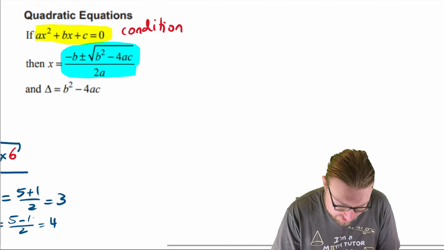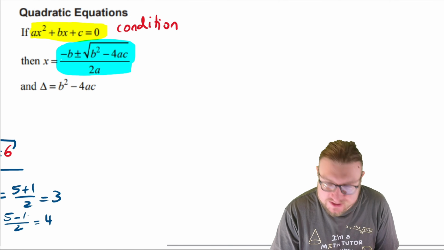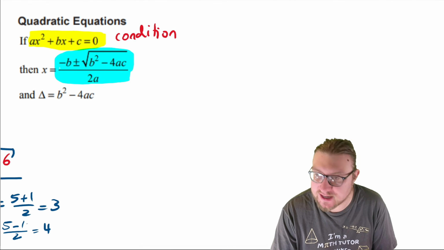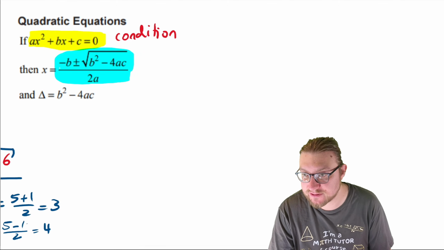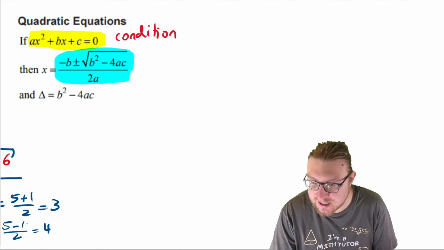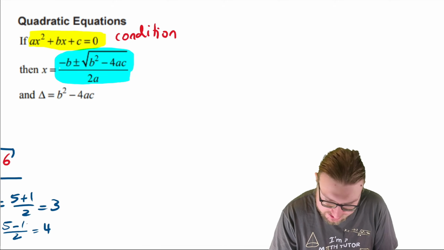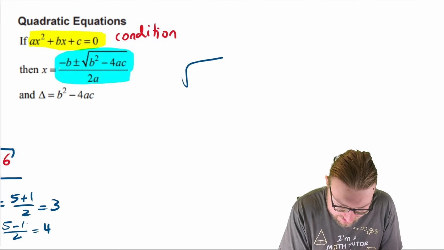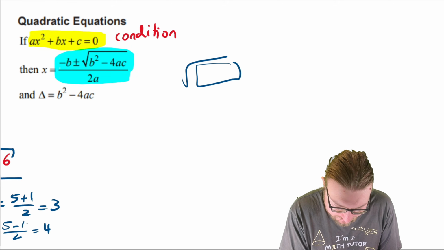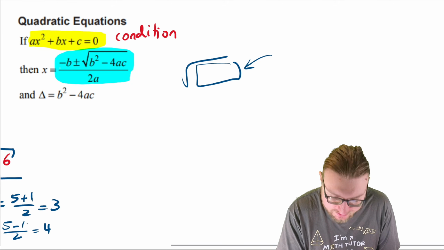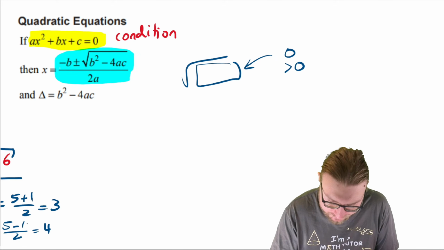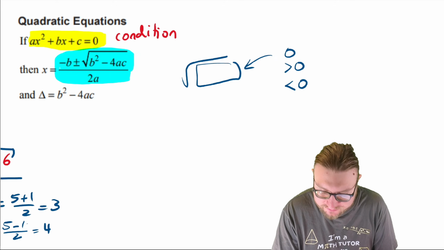Now, whenever we have square roots, we have some issues because square roots are very dangerous. They cannot have negative numbers underneath them, right? At least unless we go into complex numbers, which is level 3 content. So whatever we have underneath that big square root has to be either 0, or more than 0, so a positive number, or it can be a negative number.